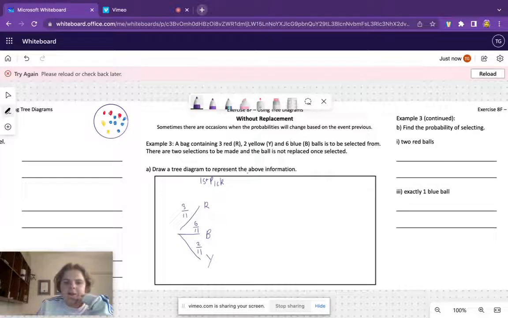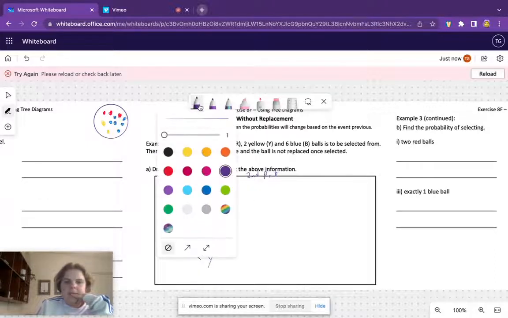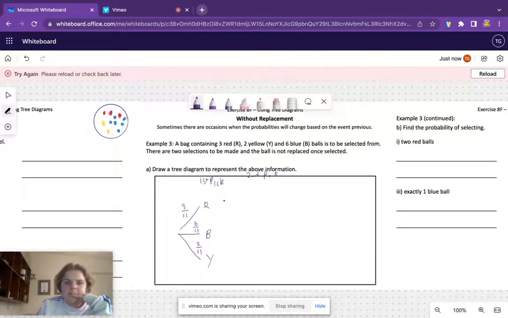Now let's show our second pick. So our second pick, if we get our red one, we could get red again, or blue, or yellow.